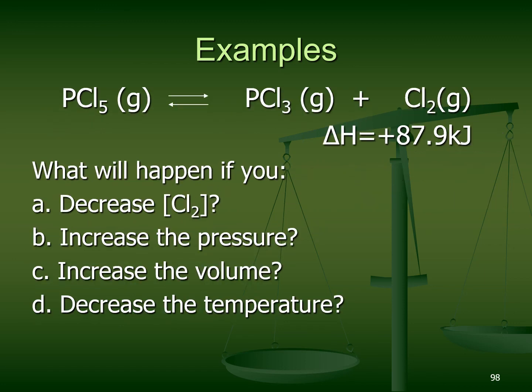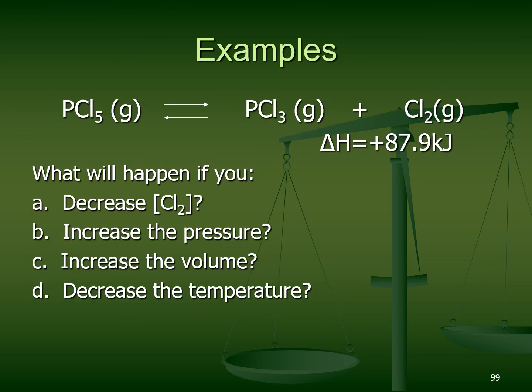All right, here's one more example. PCl5 gives us PCl3 plus Cl2, and delta H is positive 87.9. So delta H being positive means it's an endothermic reaction. So what will happen if you decrease the chlorine concentration? Well, since chlorine is a product and you decrease it, it should shift to the right.